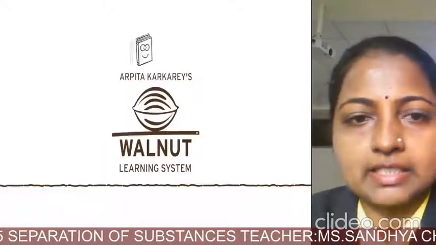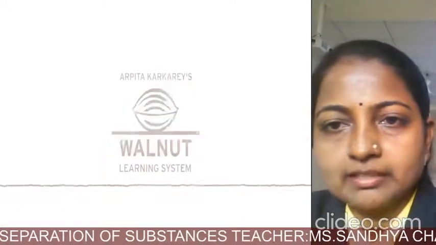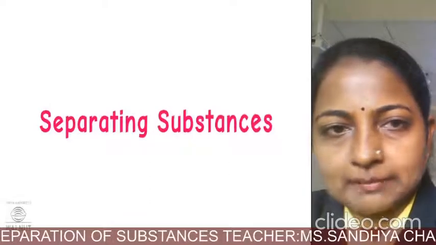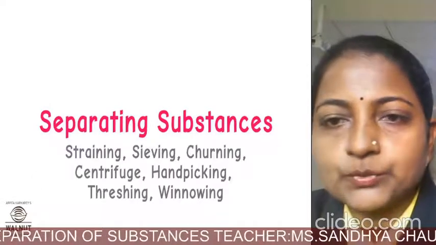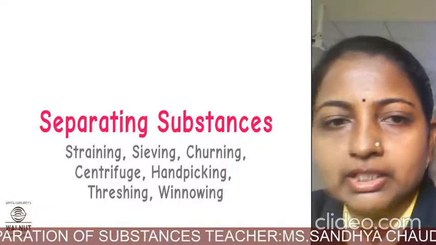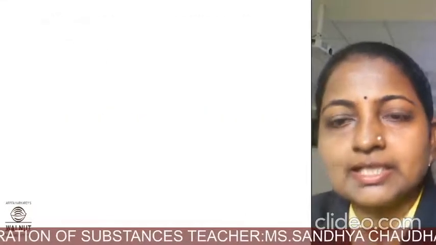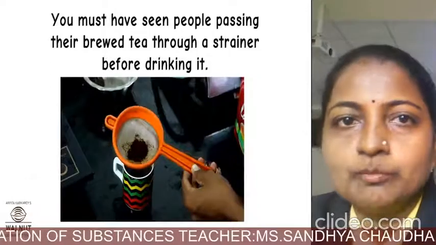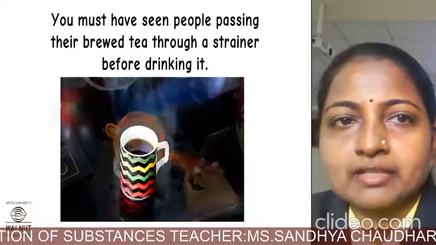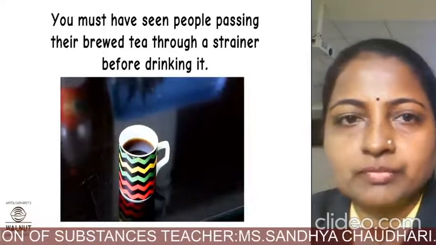Now we will see a video to understand different methods of separation. Separating substances: straining, sieving, churning, centrifuge, hand picking, threshing, winnowing. These are the methods of separating substances. You must have seen people passing their brewed tea through a strainer before drinking it.